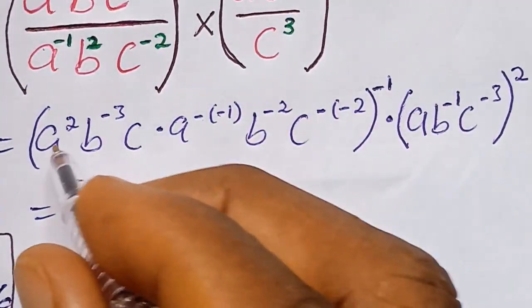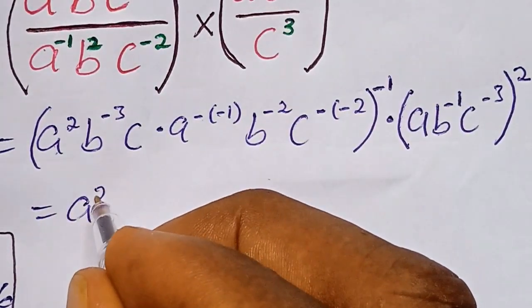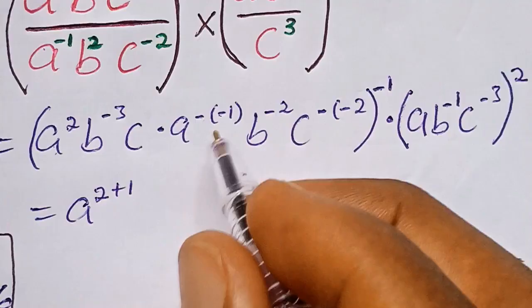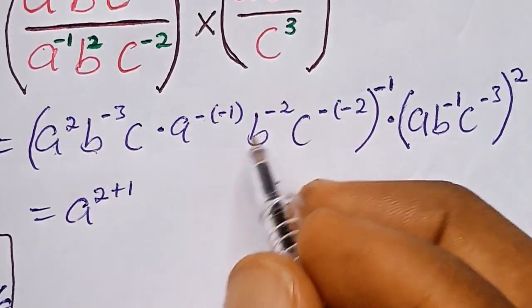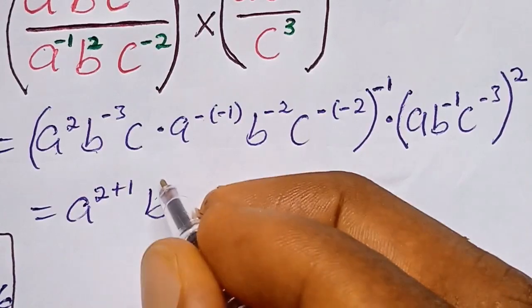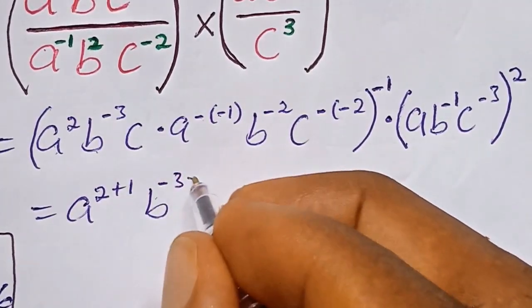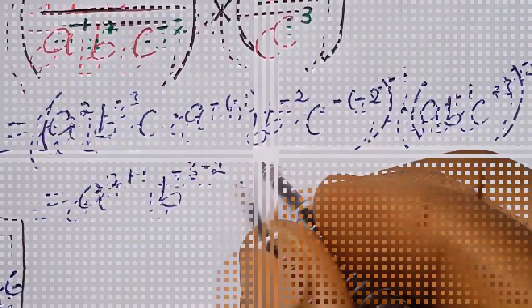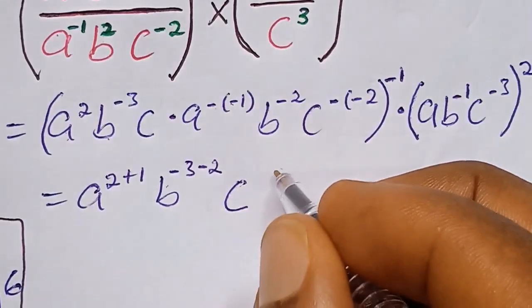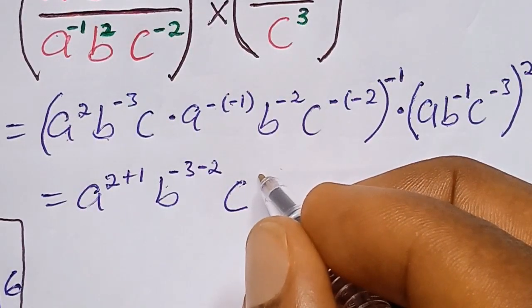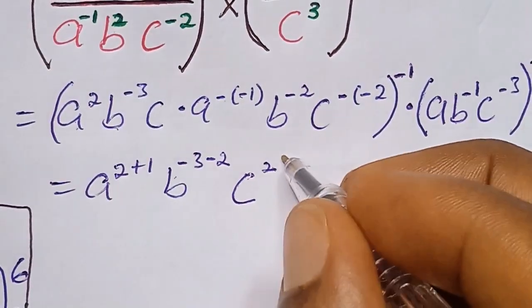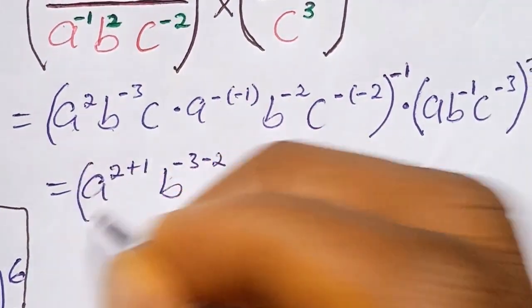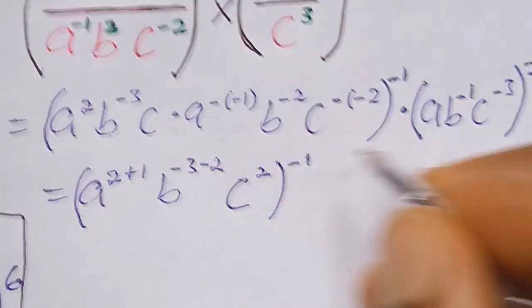So we have with this a raised to power 2 plus 1. So for b, if we combine this together, we have b raised to power minus 3, then raised to power minus 2, c raised to power 2. This goes to positive. So we have, close the bracket, raised to power minus 1.